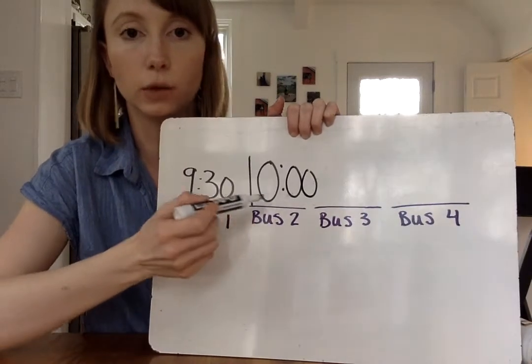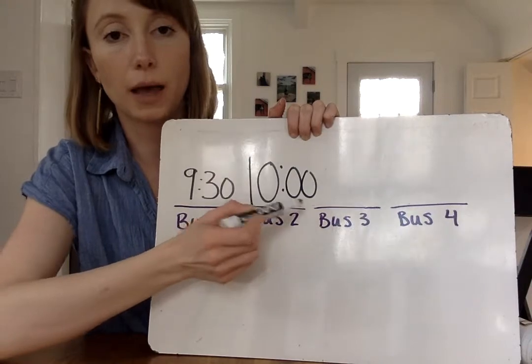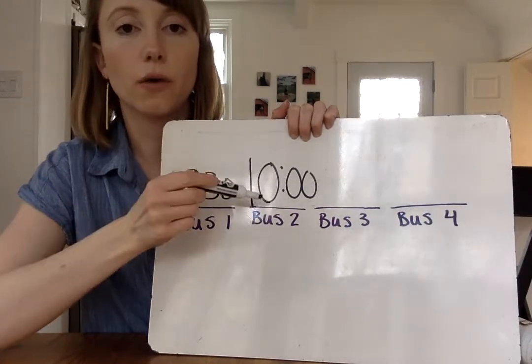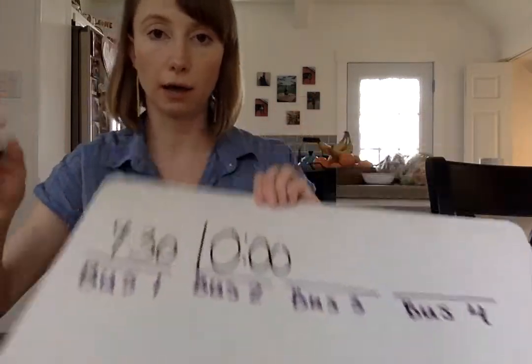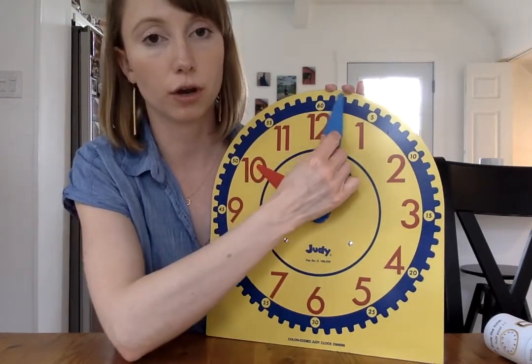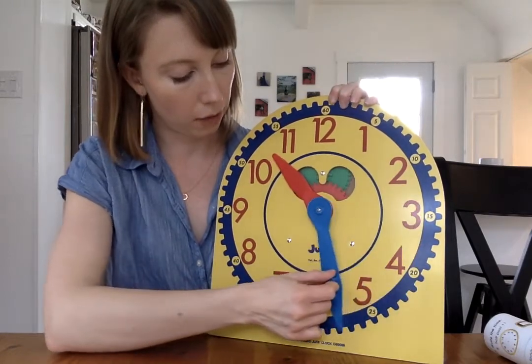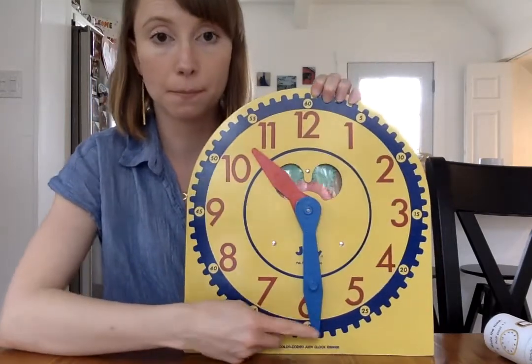Oh, made some weird zeros. So the 10 is the hour, followed by the minutes. So if bus 2 leaves at 10 o'clock, we need to go forward a half hour to find when bus 3 would leave. So let's go ahead and go 30 minutes into the future. Hop forward a half hour. What time are we at?